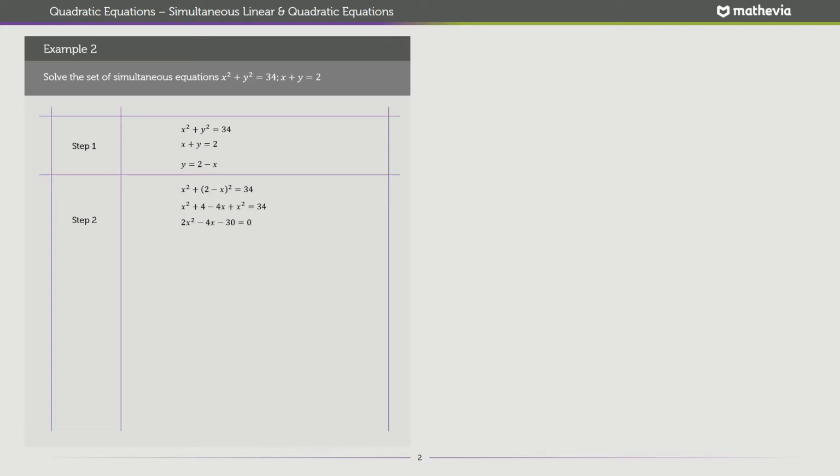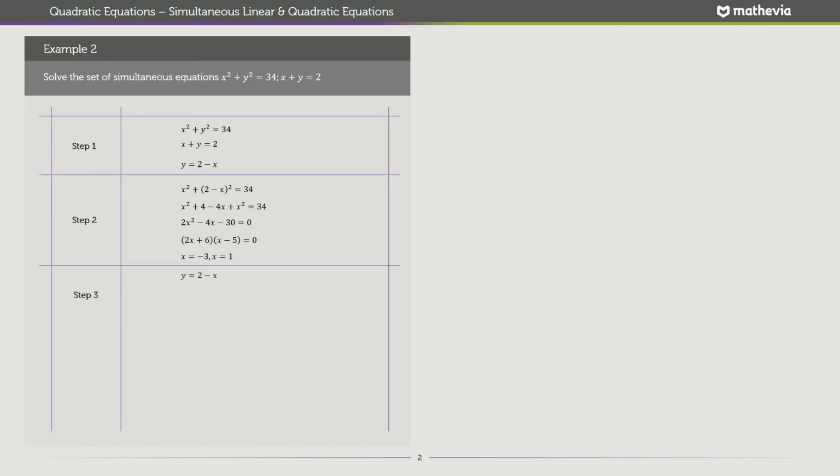And then we just bring all of that together. We should have 2x² - 4x - 30 = 0. We'll go ahead and solve this by method of factorization, and we have (2x + 6)(x - 5) = 0. And then what we have in the end is x = -3, x = 5.